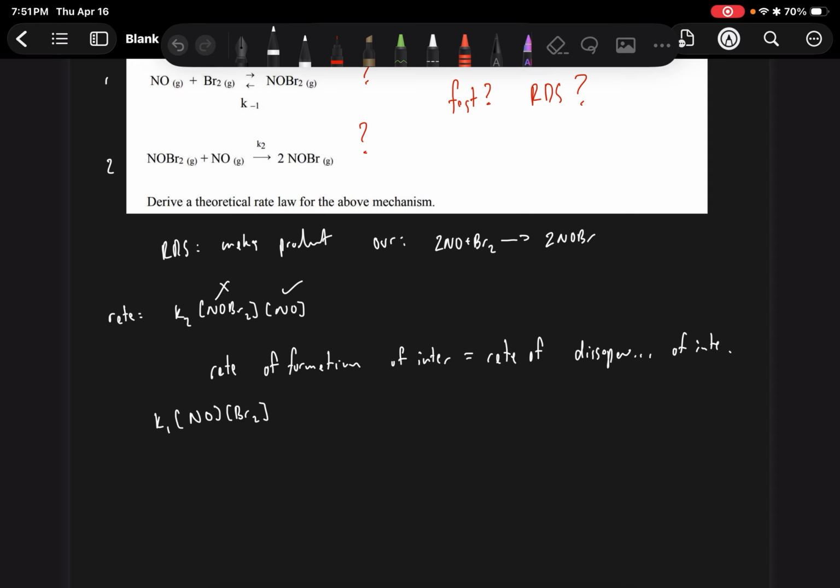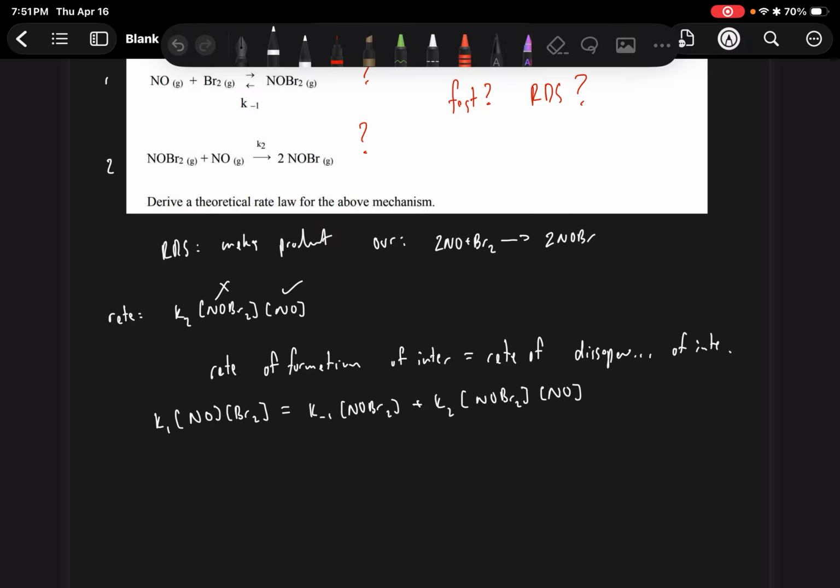Forming, okay. Now, what are the ones that are disappearing it? k negative 1 NOBr2, and k2 NOBr2 times NO. There you go.